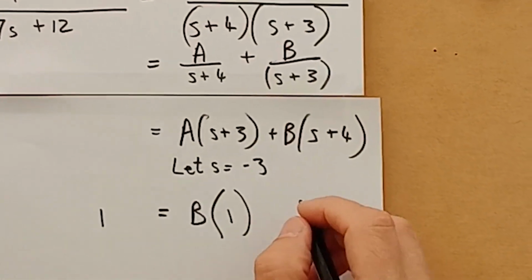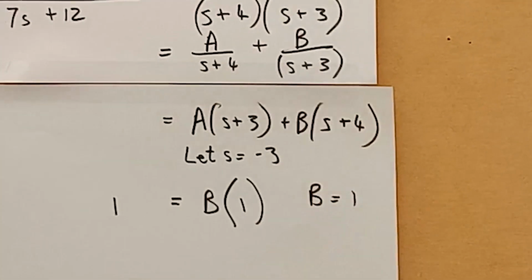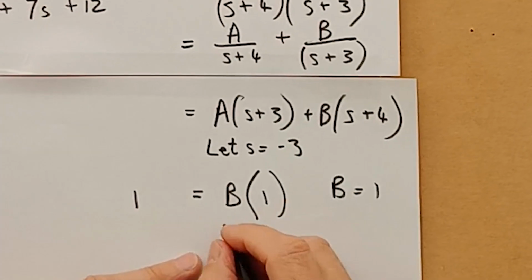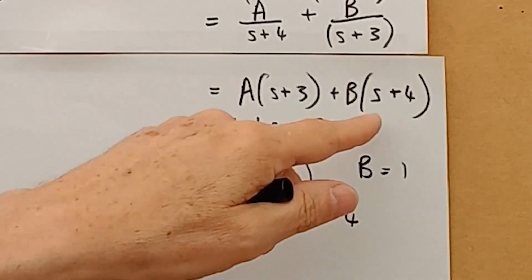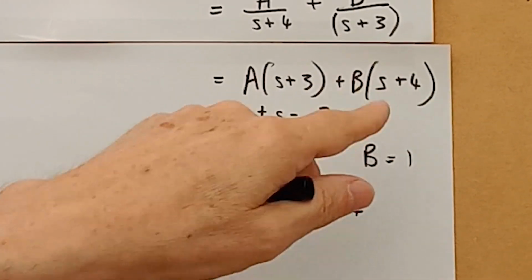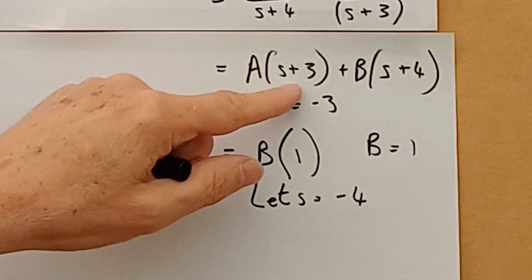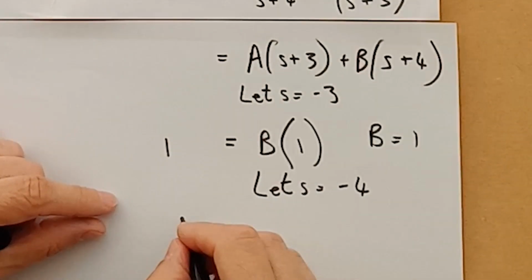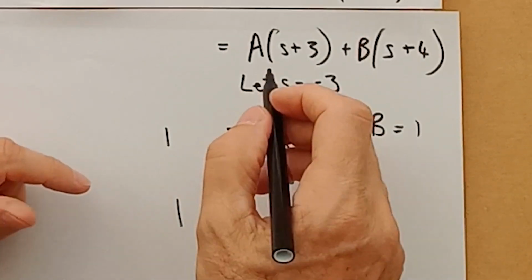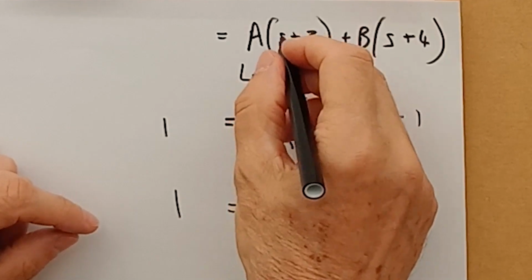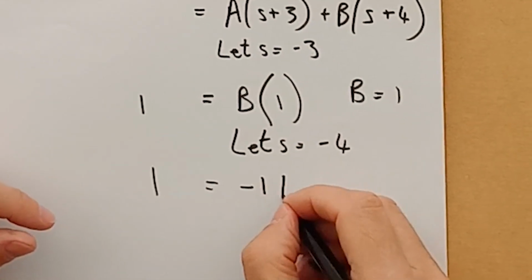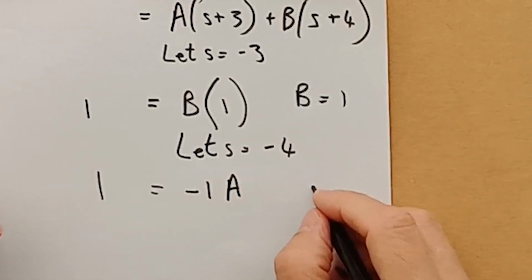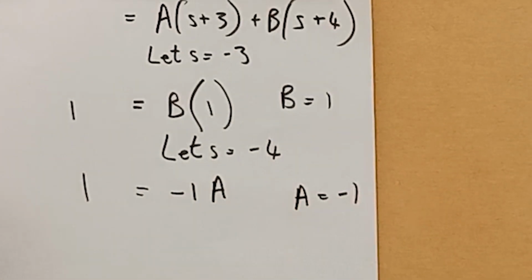So B is 1. And if we let s equals minus 4, that disappears. And then 1 equals 3 minus 4 times A, which is minus 1 A. So A equals minus 1.